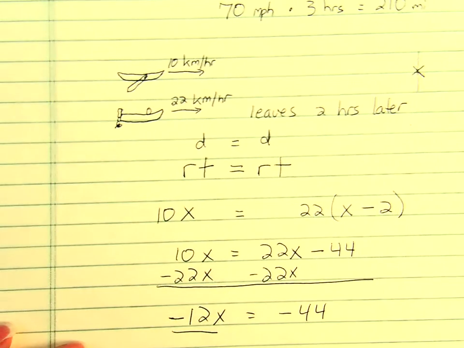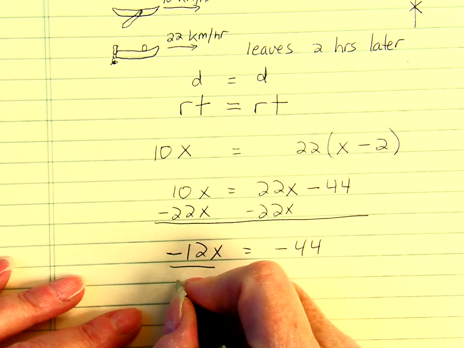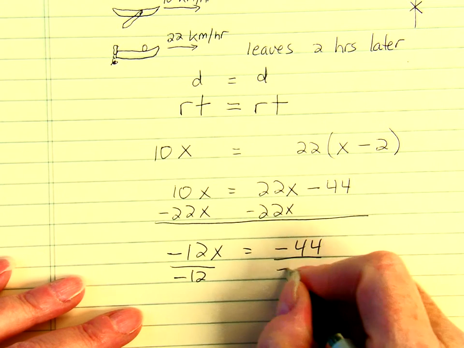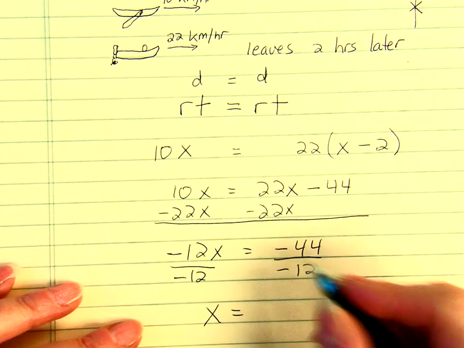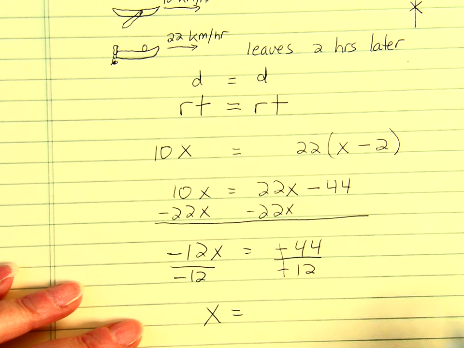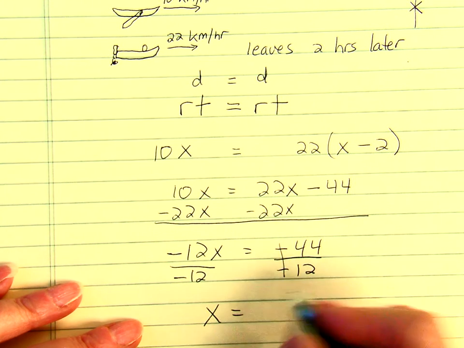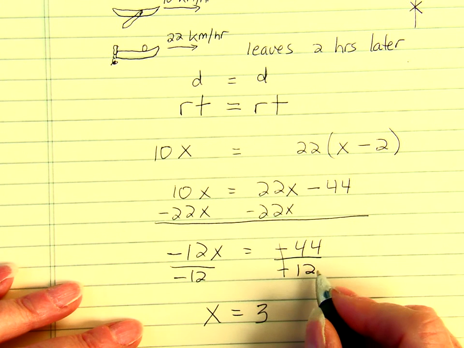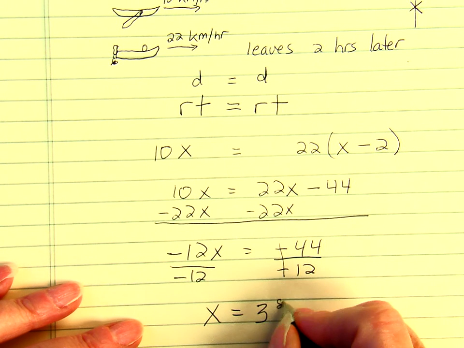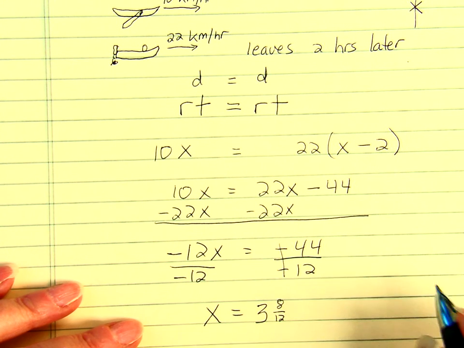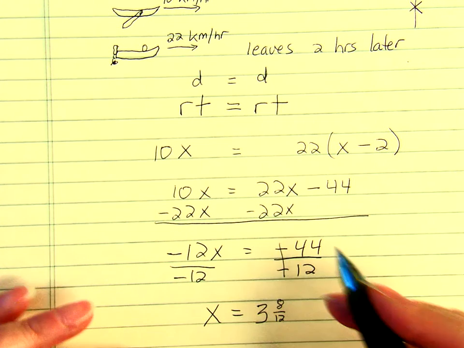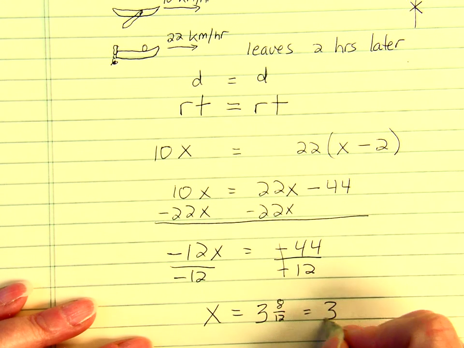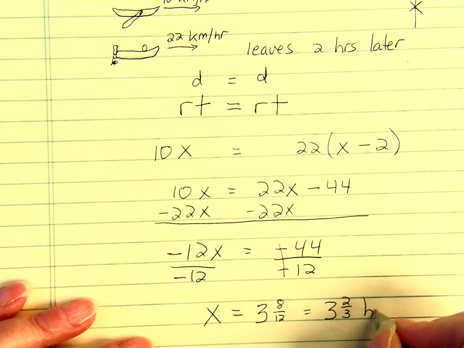Now I will divide both sides by negative 12, and x will equal a positive number, because a negative divided by a negative is positive. 12 goes into 44 3 times for 36, which leaves 8 over 12. If I reduce that, I get 2/3, so x is 3 2/3 hours.